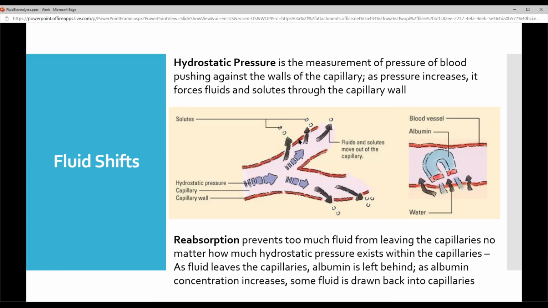Because of that pressure at the capillaries, which are our tiniest blood vessels, some fluid and electrolytes get pushed out. Albumin is a large protein molecule, so it can't get pushed out. Albumin stays inside the vascular bed, drawing some of the fluid back in, called reabsorption.